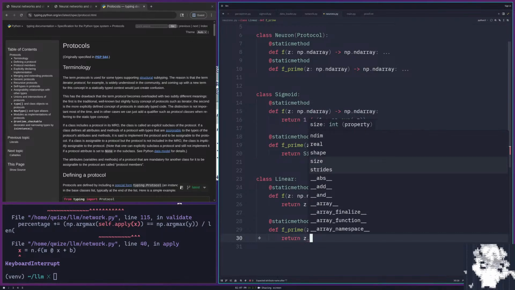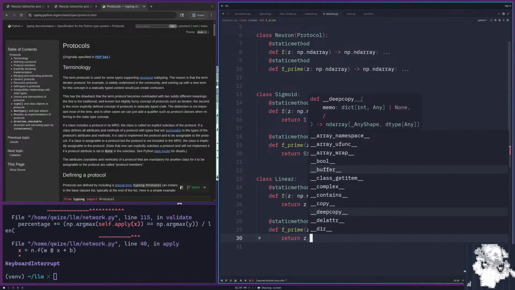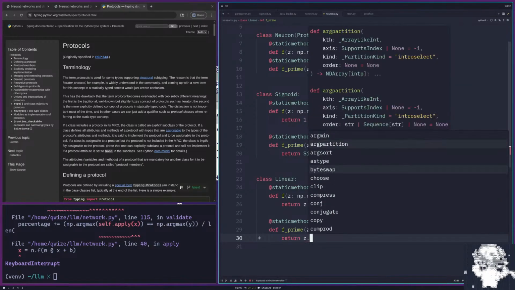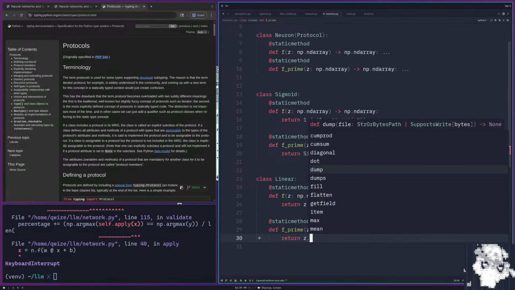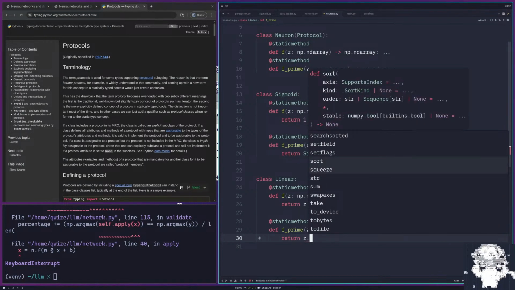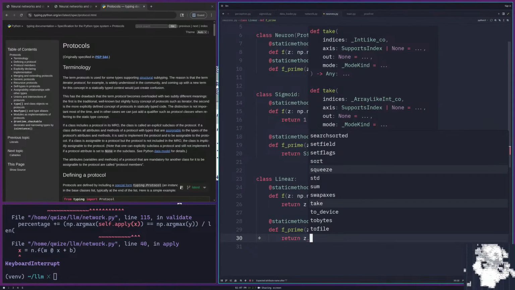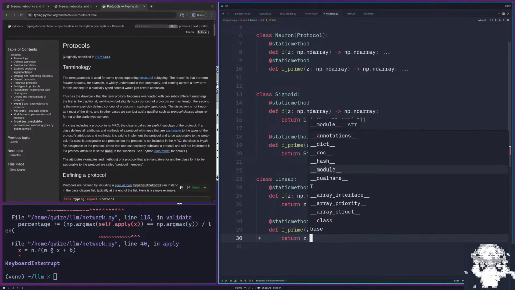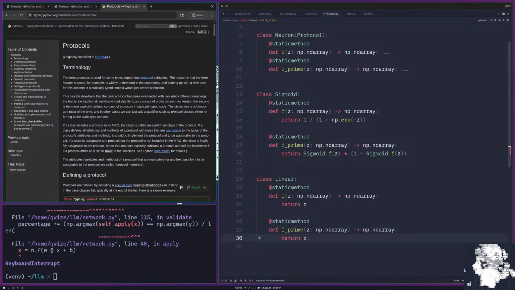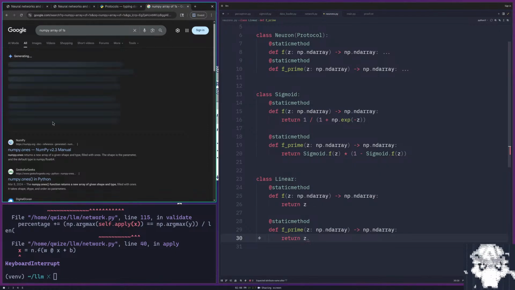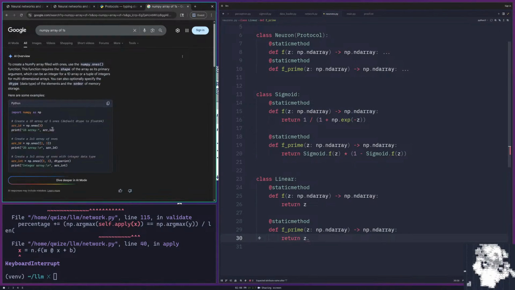NumPy array of ones. There's a thing called np.ones.